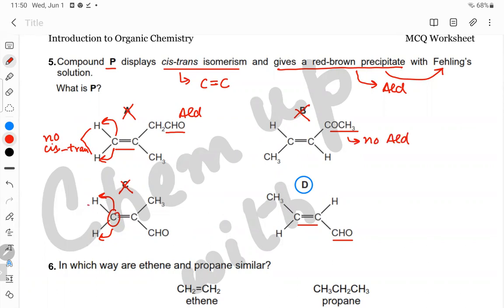In C, again the double bonded carbon has two same groups, so it cannot show cis-trans isomerism, so that's why C goes wrong. And we are left with D. Each double bonded carbon has two different groups, right? And there is an aldehyde as well. So that's why D is the correct answer. Is this point clear to everyone?